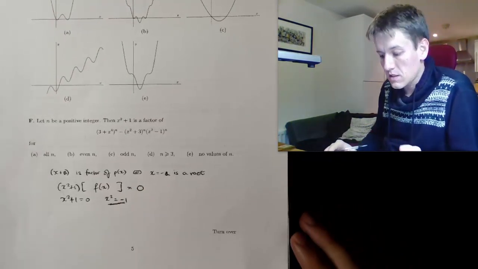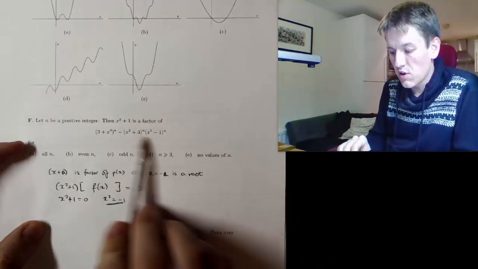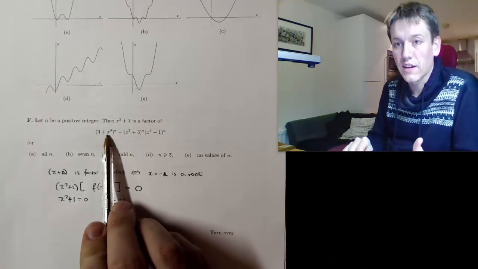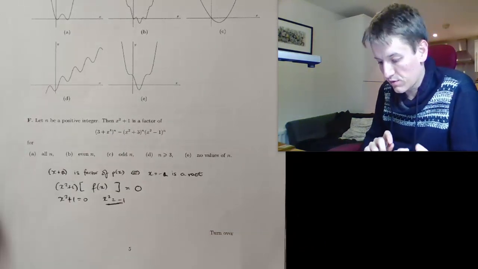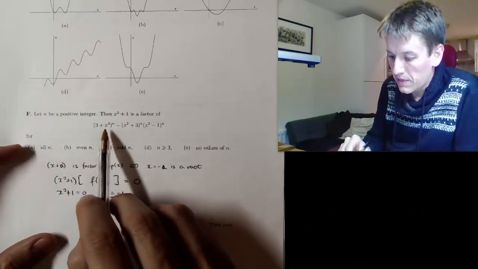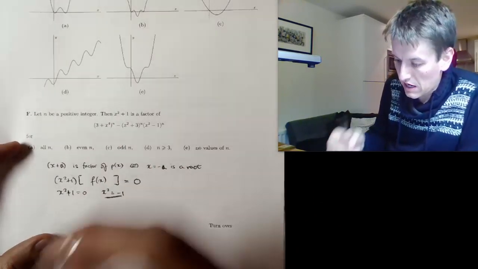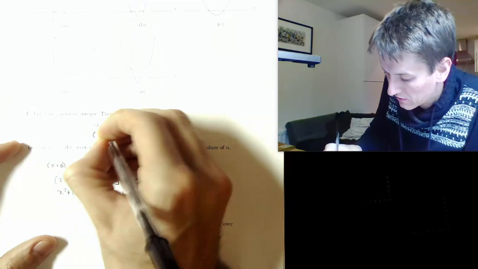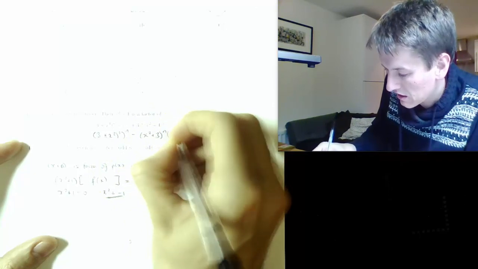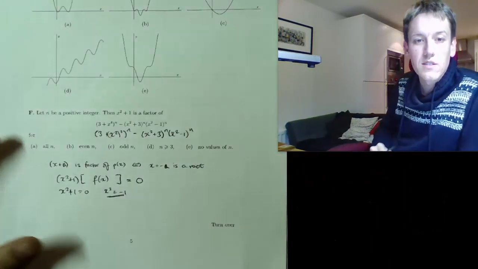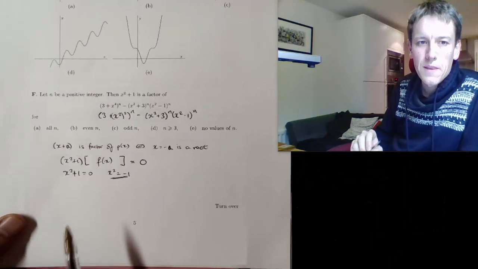Now we notice in the expression that everything is a function of x squared as well, which is helpful here. So x to the 4 is just x squared squared, right? So we can think of this as 3 plus x squared squared to the n, minus x squared plus 3 to the n times x squared minus 1 to the n.